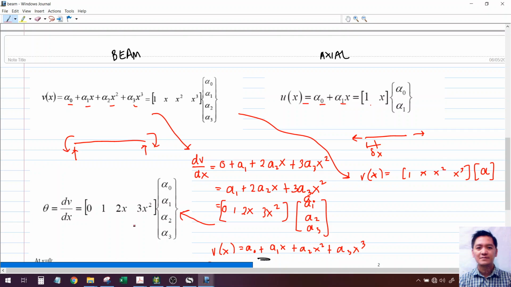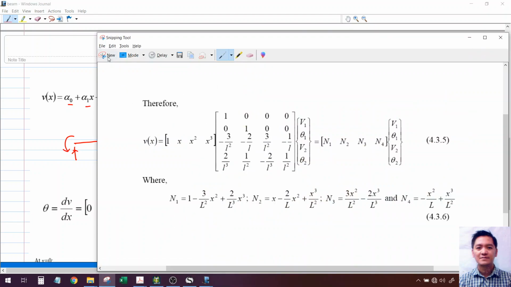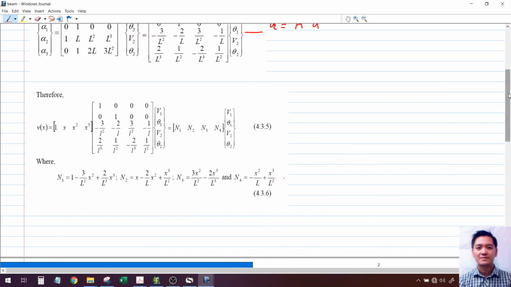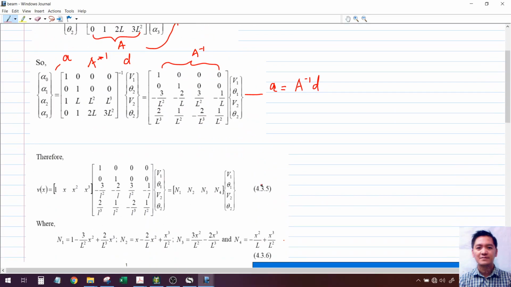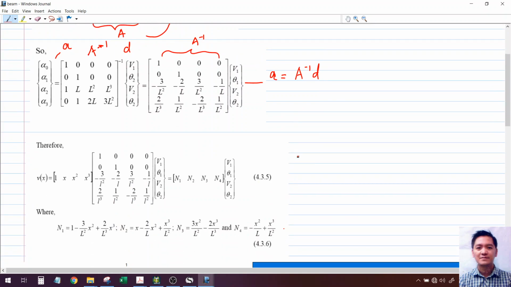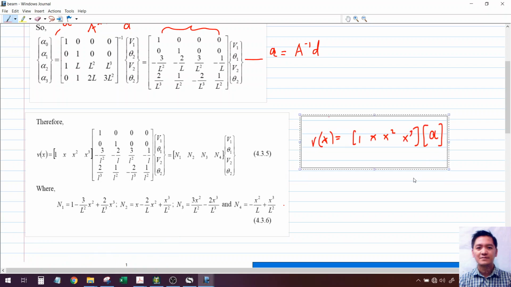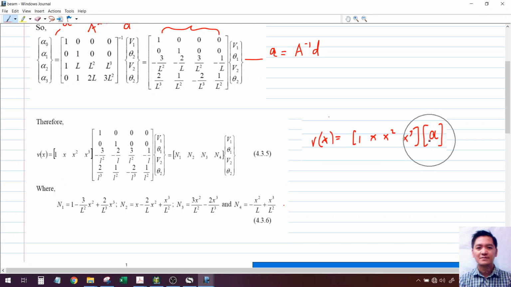Okay, kunin ko to, then lagay ko dito sa ibabaw. Yeah, right. So v of x, which is this 1 x squared x cubed, the alpha matrix.